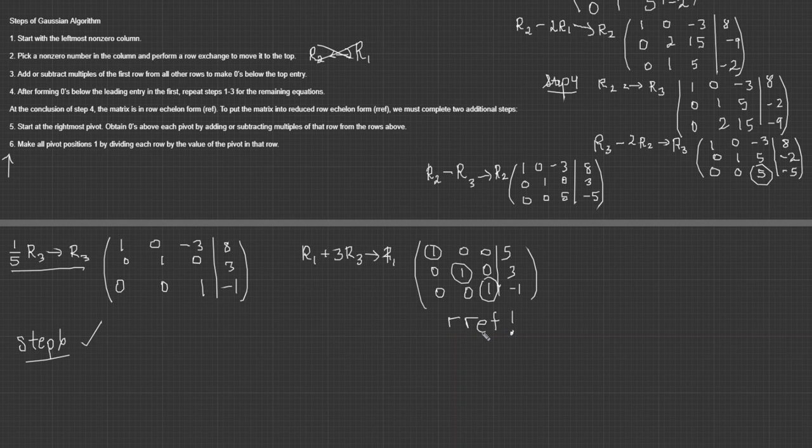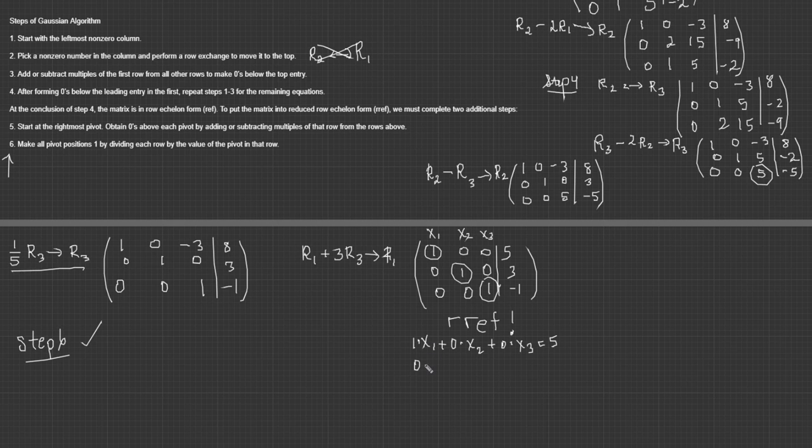All right, great. So now at this point, all we have to do is read off the solutions to the system that we were trying to solve. The way we do that is we remember that each of these columns represents the coefficients for each variable. So in this first row, we have a coefficient of 1 on x1, a coefficient of 0 on x2 and a coefficient of 0 on x3, and that's equal to 5.